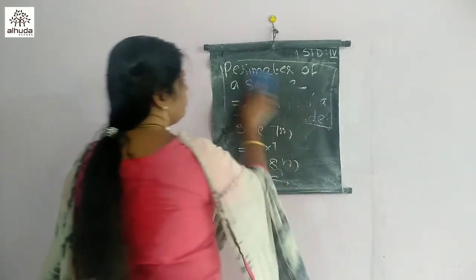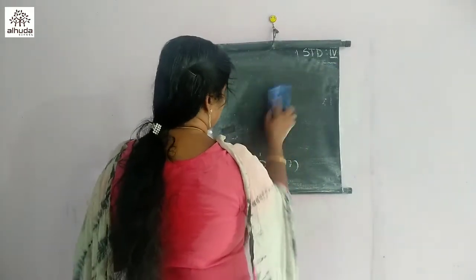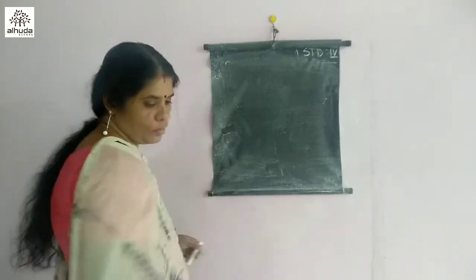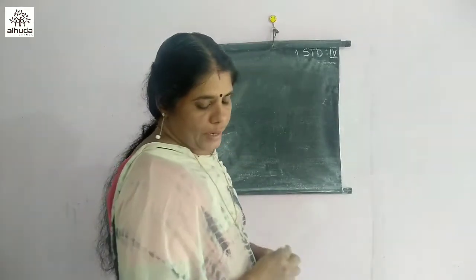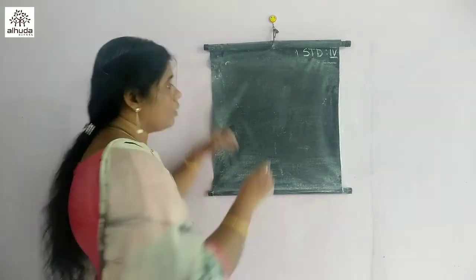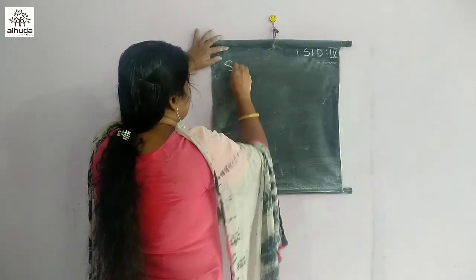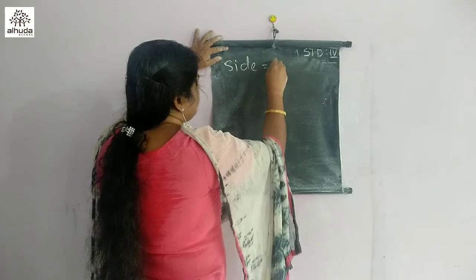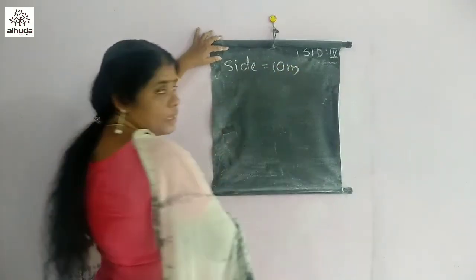Another question. Find the perimeter of a square whose side is 10 meter. So what is the equation?